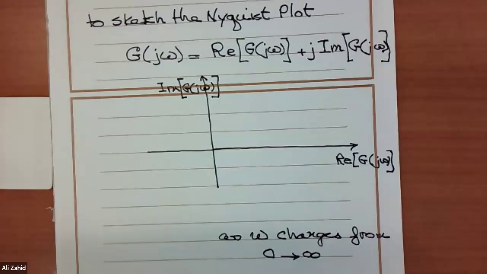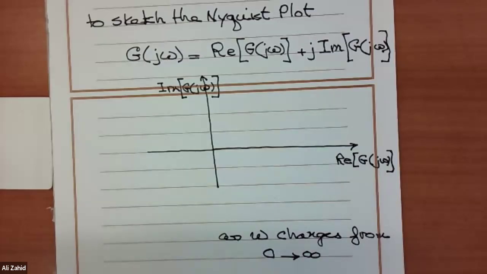Yes. In exactly the same way as the root locus. In the root locus, remember, we only need to sketch a diagram for one side. The other side will be a mirror image around the horizontal axis. Same idea.